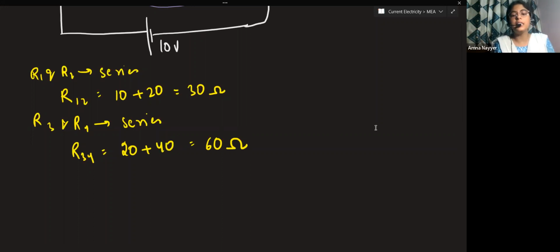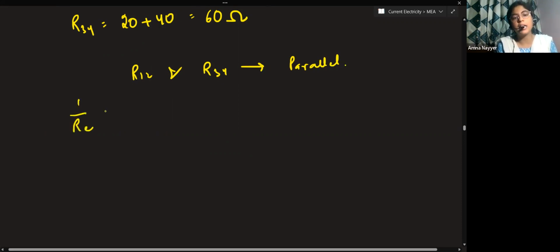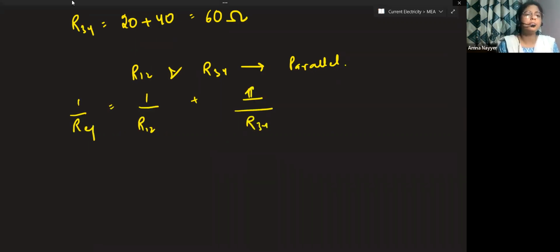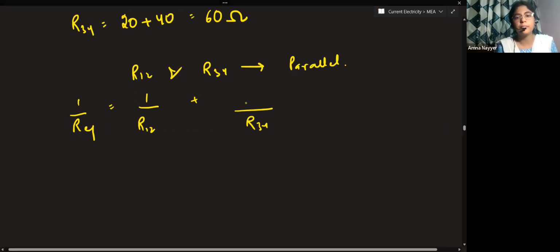Now, if you see their resultant, both of these are connected in parallel. R12 and R34, both of these are connected in parallel. So you have to find out the equivalent resistance between these two. R equivalent will be what? 1 by R12 plus 1 by R34. One is having the value 30, other one is having the value 60.